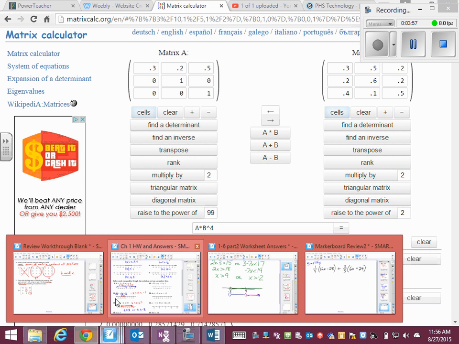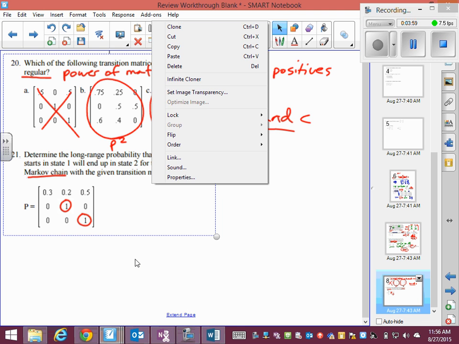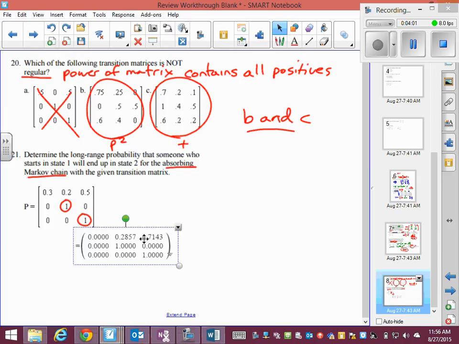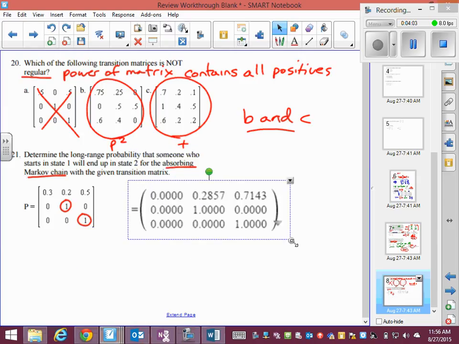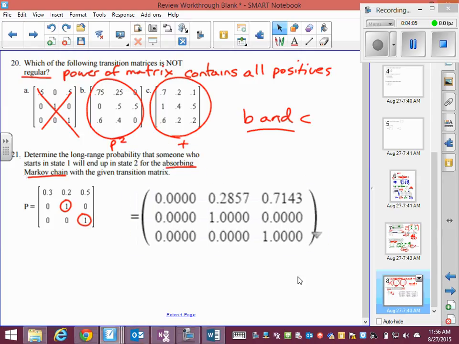So let's look at that and talk about that for a second. What I did was I took this to the 99th power, and I got this. I wanted some long-range probability, and so it's different.